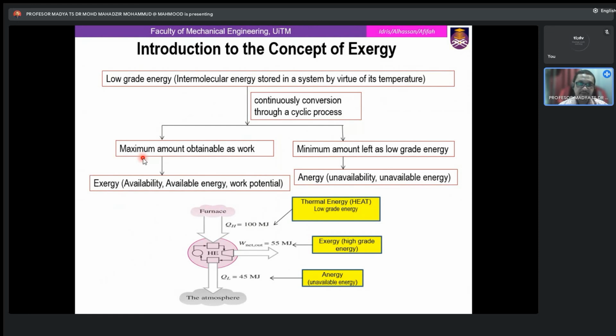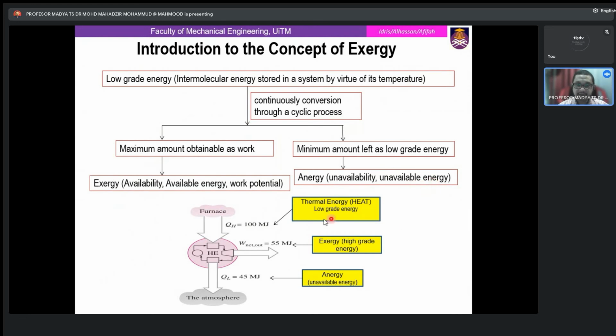The maximum amount obtained as work is named the exergy, which means availability, available energy, and work potential. But the minimum amount left as low grade energy is named the anergy, unavailable energy.